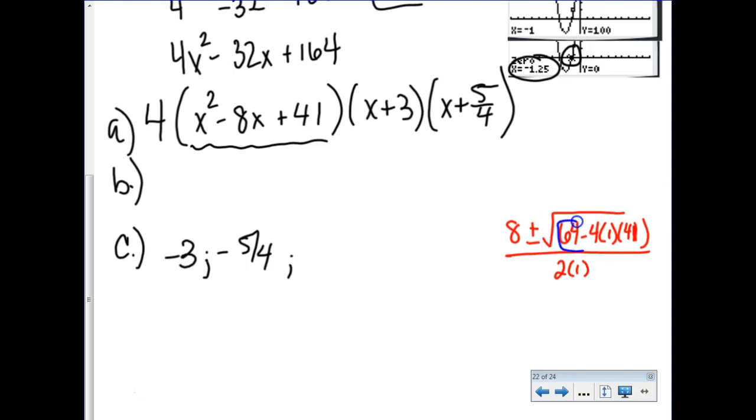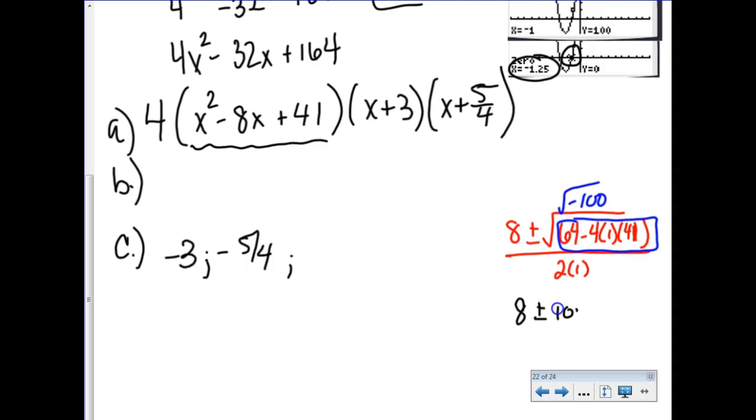It's definitely going to give you some i's here, guys. I need to know what the discriminant is. What's 64 minus 4 times 41? One more time, kiddo. -100. Okay. Well, that's not bad. What happens when you take the square root of -100?